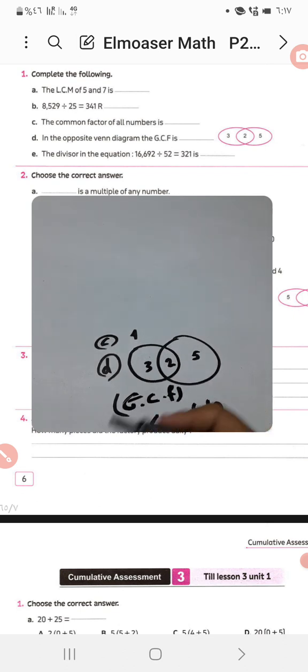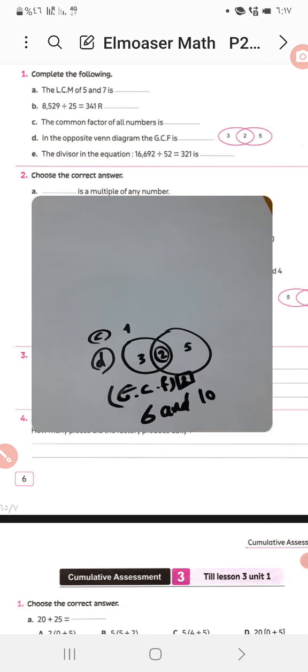The greatest common factor, or highest common factor, will be what? It will be 2. The greatest common factor between them will be 2. So you can write here 2. It's the greatest common factor. He can ask you about the greatest common factor or the highest common factor. It's equality, okay?